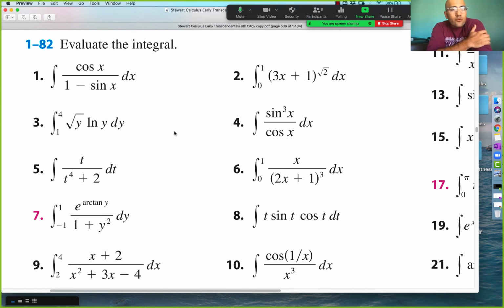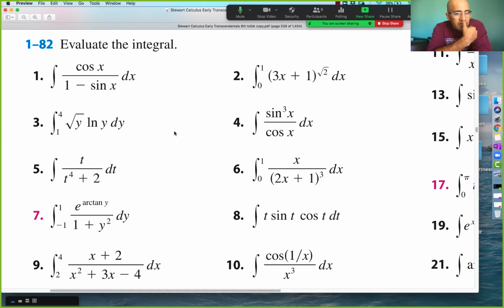And what would you let the u be? Y? If we do a direct substitution of letting u equal y, then we'd end up with ln of the square root of u, ln of u, right? It wouldn't really change anything.